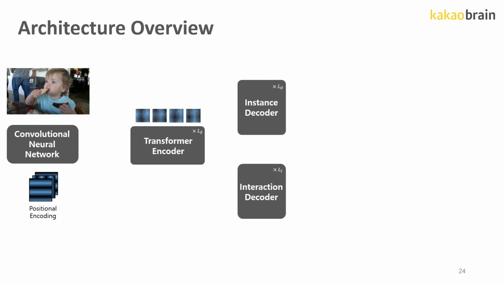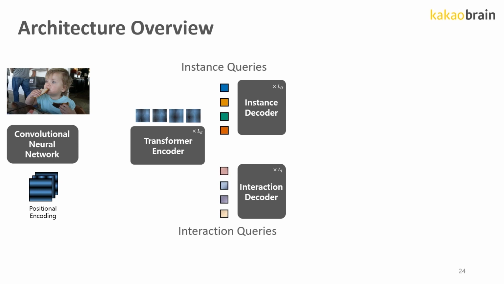For decoding, the key of HOTR is the two decoders, the instance decoder and the interaction decoder, that decode two fixed sets of learned embeddings called the instance queries and the interaction queries in parallel. Sharing the memory obtained from the same transformer encoder, the two parallel decoders decode the two sets of learned queries into two sets of feature vectors.